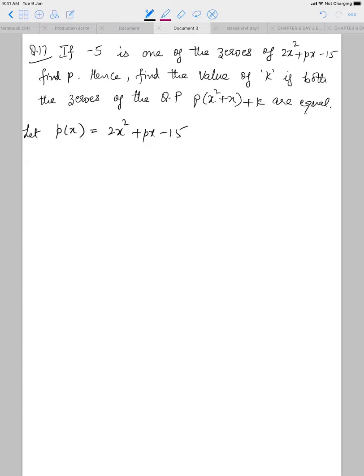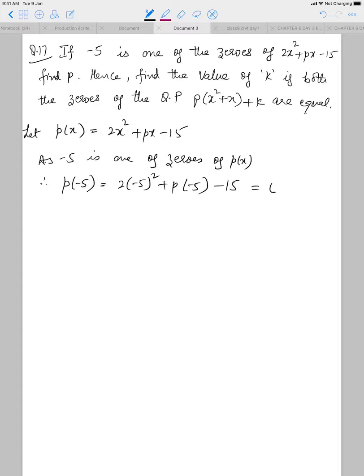Now, one of the zeros means if I put minus 5 in the given polynomial, its value should reduce to 0. Therefore, you can write that minus 5 is one of the zeros of the polynomial p(x), therefore, if I put minus 5 in place of x, then the polynomial should reduce to 0. That is by the definition of zero of a polynomial.